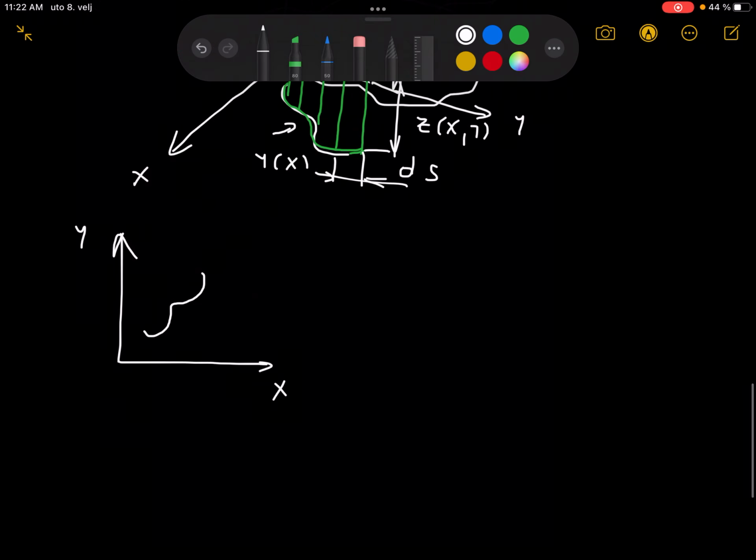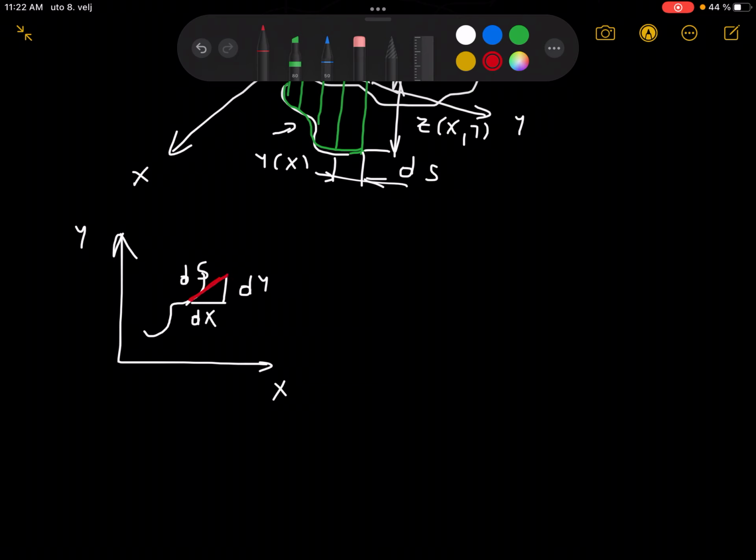And of course, when we're looking at this part right here, imagine that this is infinitesimally small, dx and ds. This is our ds, the red part is ds.